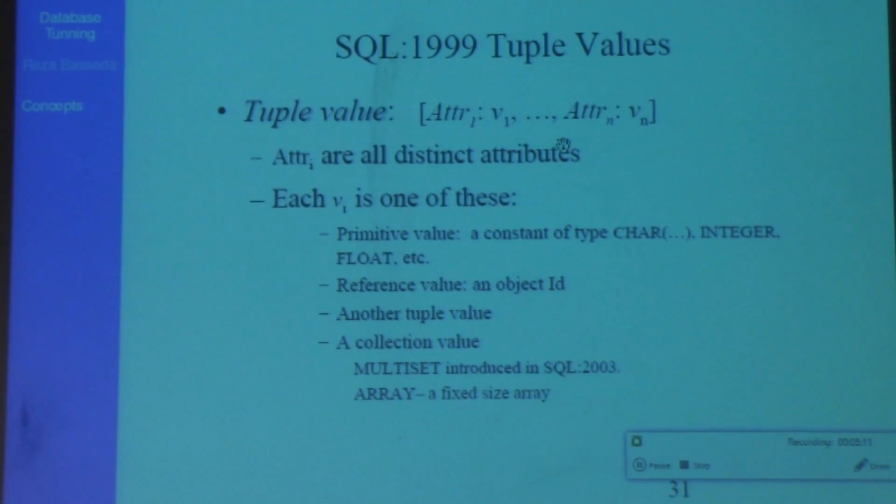It can also be a reference to another object, or it can be another tuple value. What does it mean? It means that inside an attribute you can have another set of attributes. We will see an example later. And it can also be collection sets.